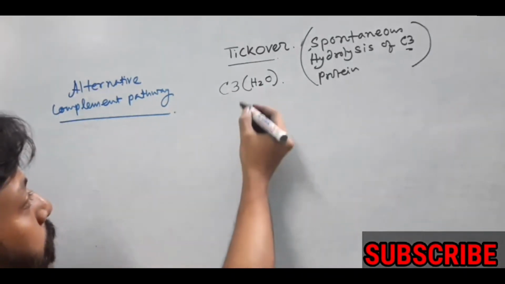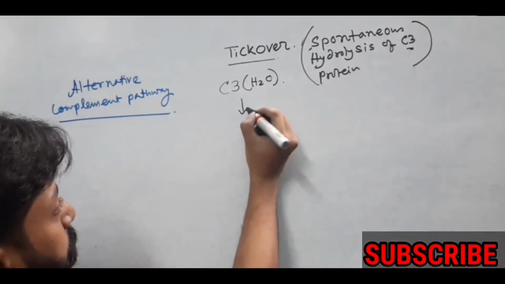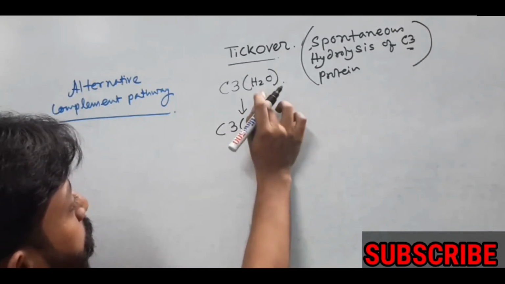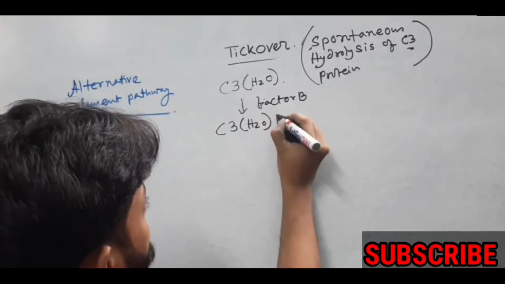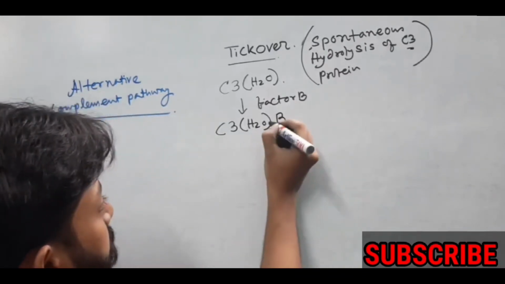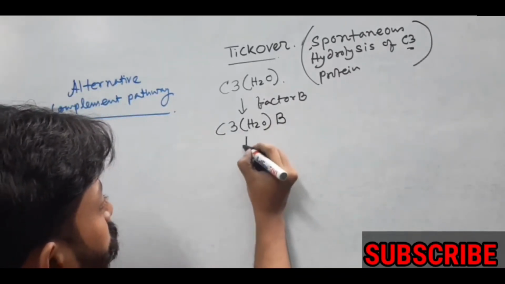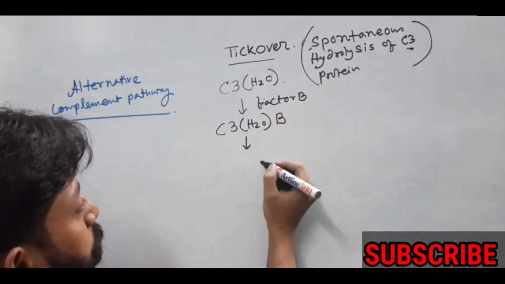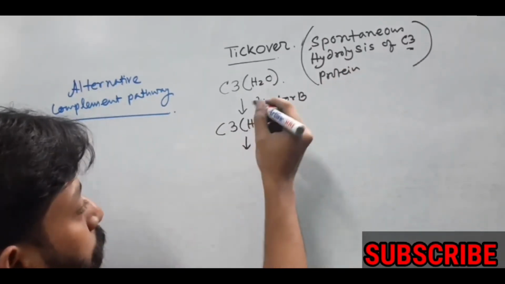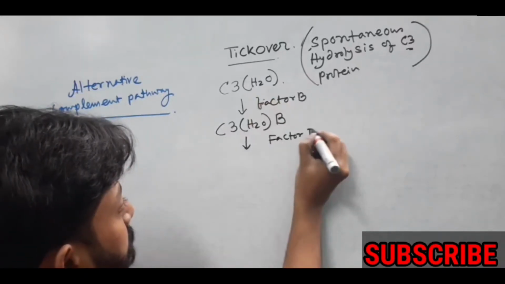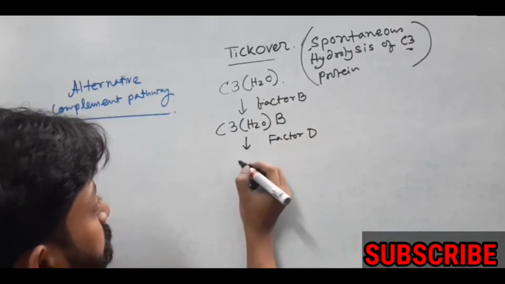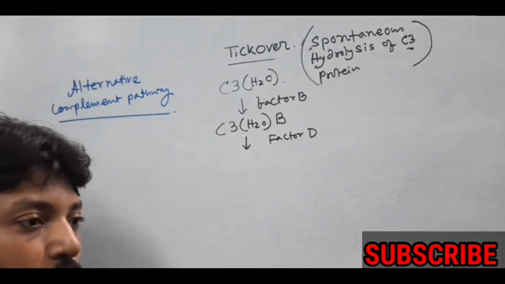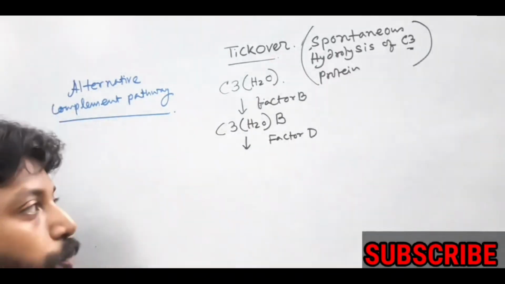Now this C3 protein, which is hydrolyzed, can bind with factor B protein. Now it is attached with factor B protein. I am simply writing it as B. When factor B binds with the hydrolyzed C3, another protein called factor D can cleave the B segment into two fragments. In my previous classes, I have mentioned that when a complement protein is cleaved, it produces two fragments.